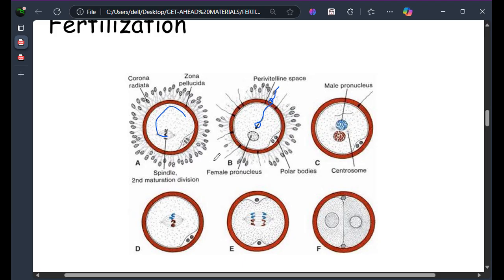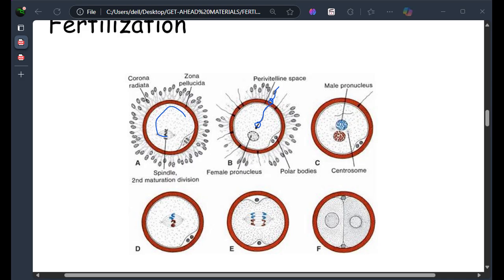Once it finishes, you will have formation of what is known as the pronucleus. That is just the nuclear material condensing and arranging itself, getting ready to combine with the other genetic material that is coming from the sperm.